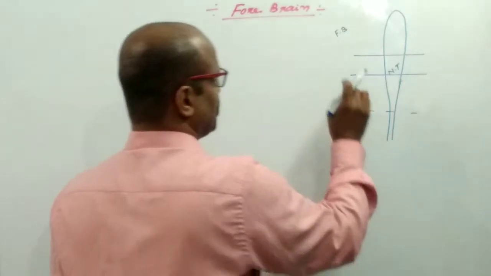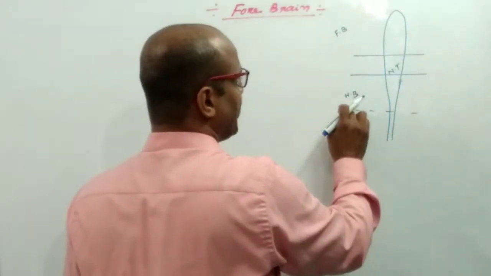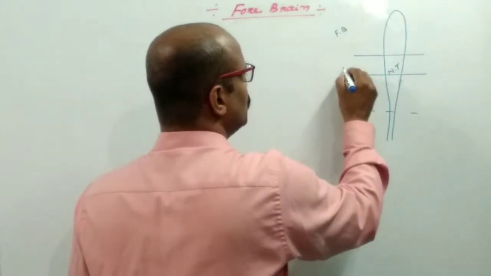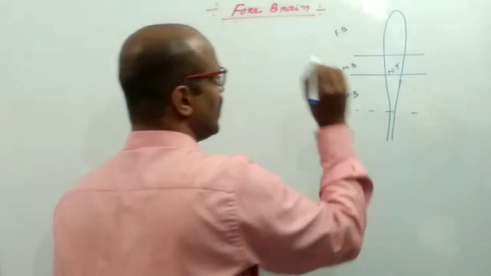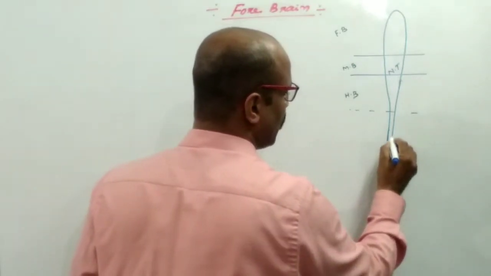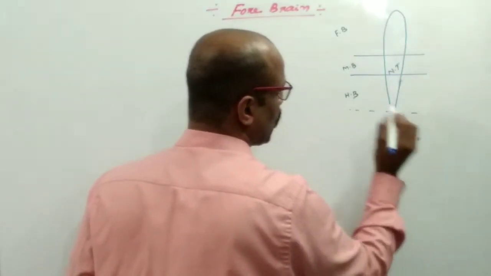The middle portion in between the forebrain and the hindbrain differentiates into the midbrain. The rest of the neural tube develops into the spinal cord.